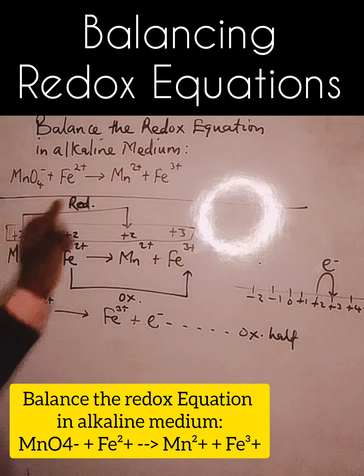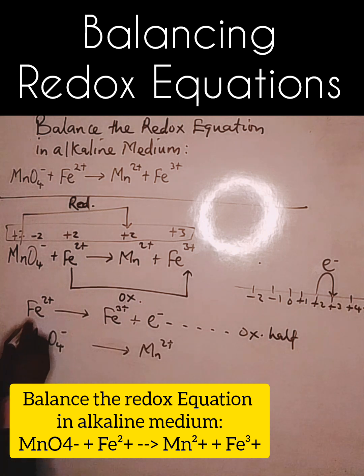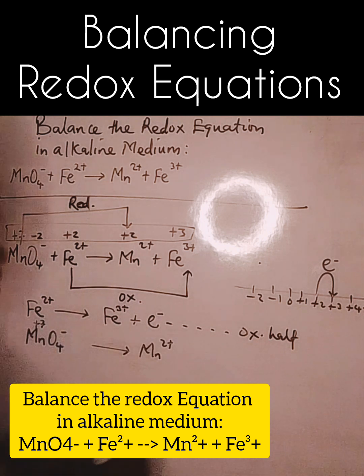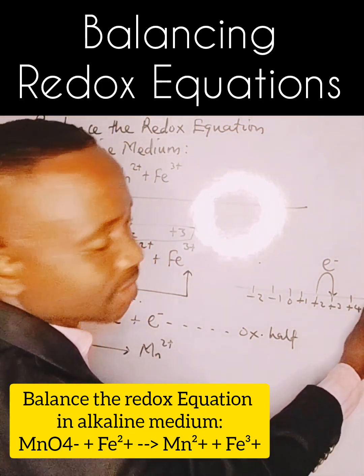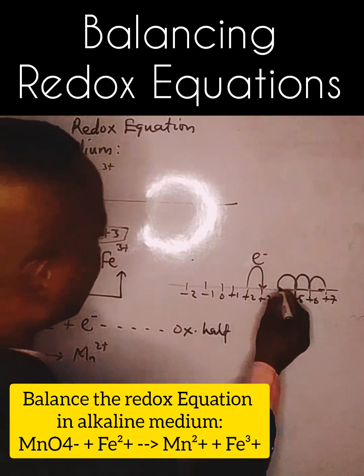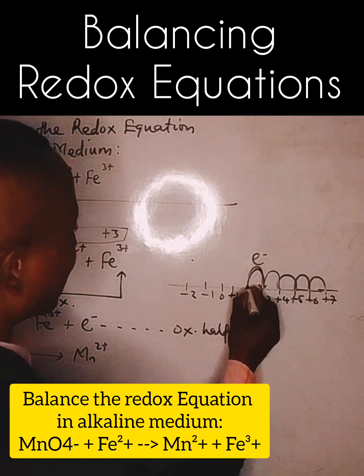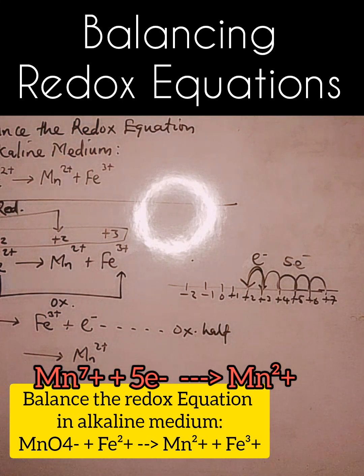Now let's move to the reduction half equation. Oxidation number of manganese is +7. So from +7 to +2, 1, 2, 3, 4, 5. 5 electrons accepted by manganese 7.